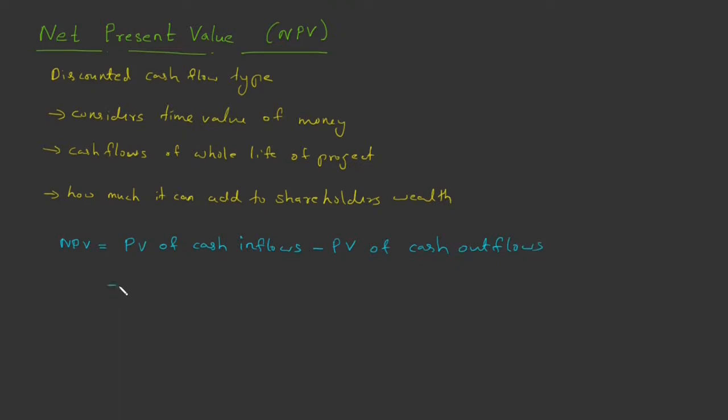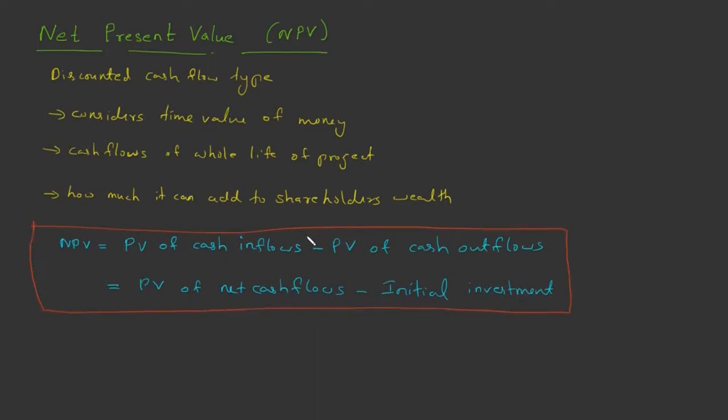That can also be written as the present value of net cash flows minus initial investment. So we got the equation for net present value. It is the present value of all inflows minus present value of cash outflows, which is the same as present value of net cash flows minus initial investment.